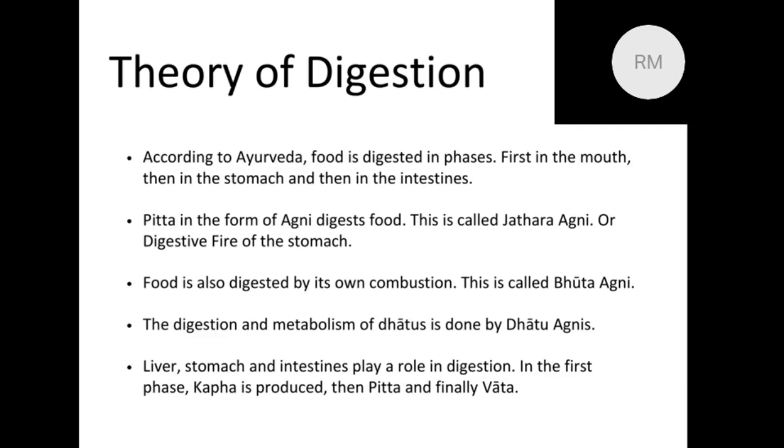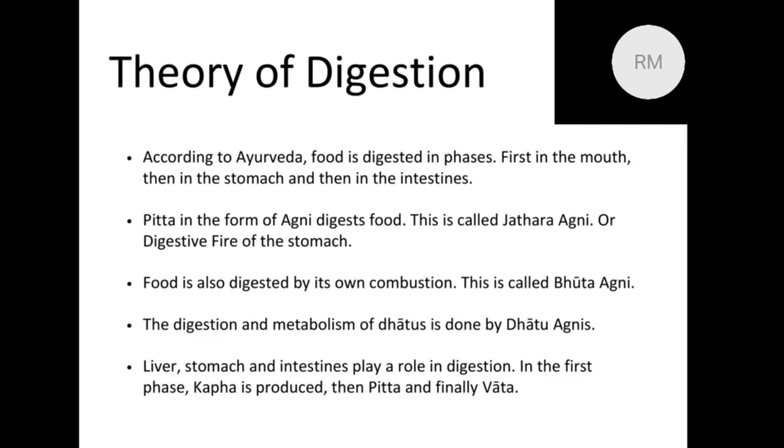And the second part, the middle part of the alimentary tract, is the Pitta phase. So diseases affecting these organs, the liver, the lower part of the stomach, the duodenum, the jejunum, a significant part of the small intestine, are all representing the middle part of the alimentary tract.